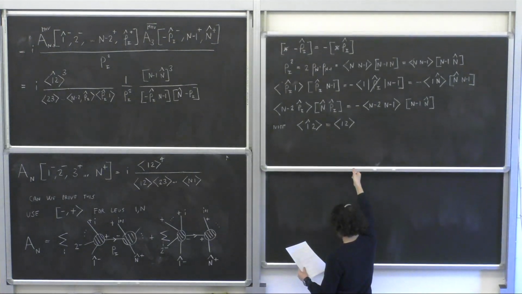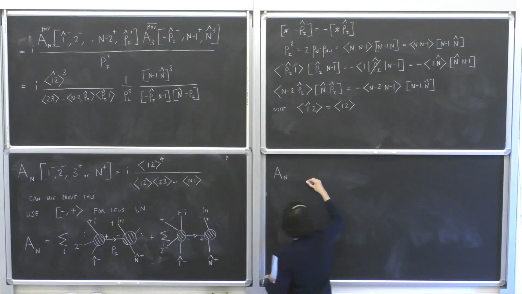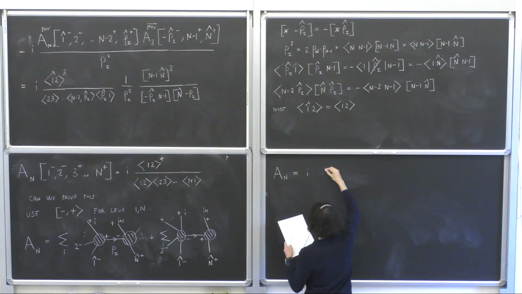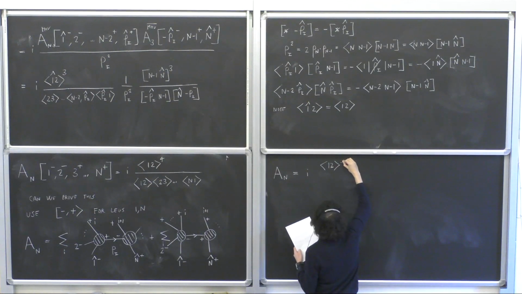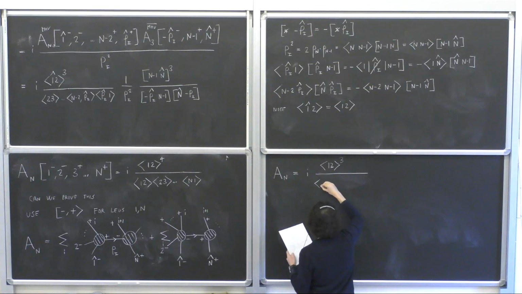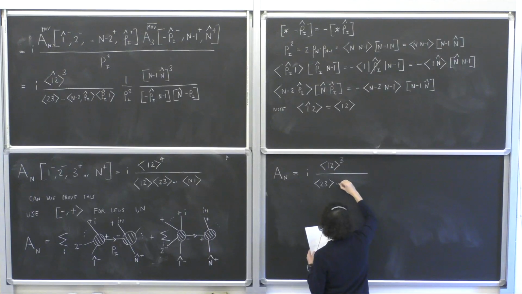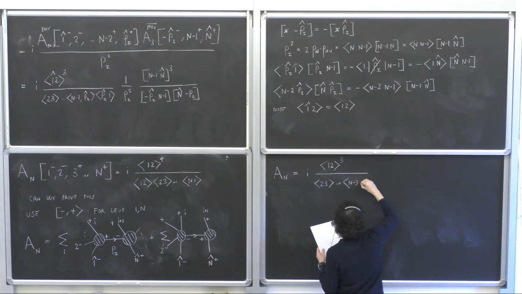Very good. So using all that, we can simplify our amplitude A_n. There's an overall factor of i. There's the part of the amplitude I mentioned before that goes along for the ride, that doesn't involve the P_i part, and this goes all the way to, say, n-3 and n-2.